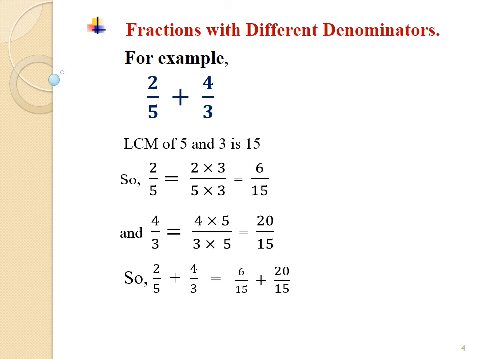Now, adding numerators 6 and 20 and keeping denominator 15 same, we get 26 upon 15. Students, as we got an improper fraction, we have to convert it into mixed. Thus converting 26 upon 15 into mixed fraction, we get one integer 11 upon 15.